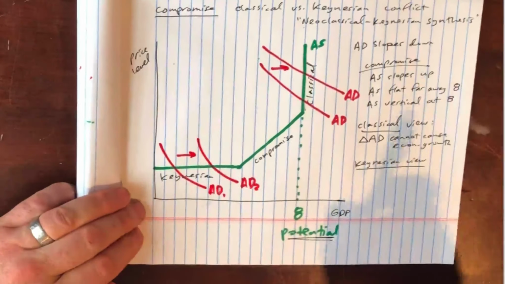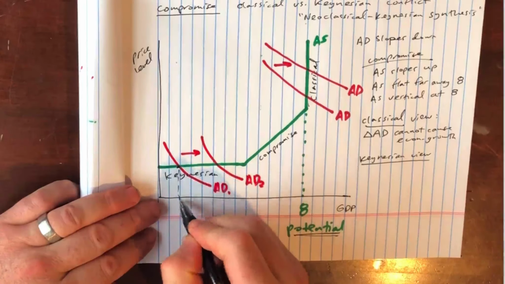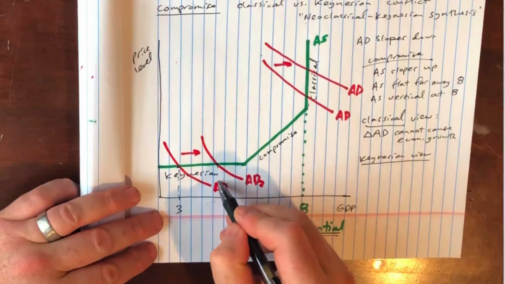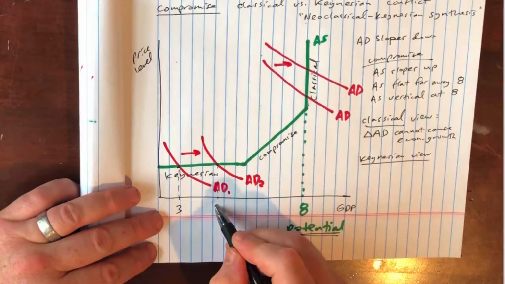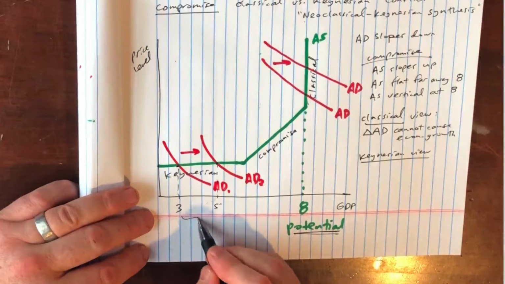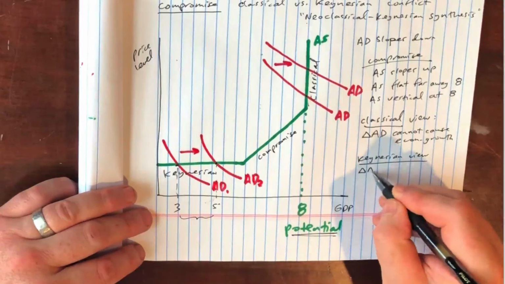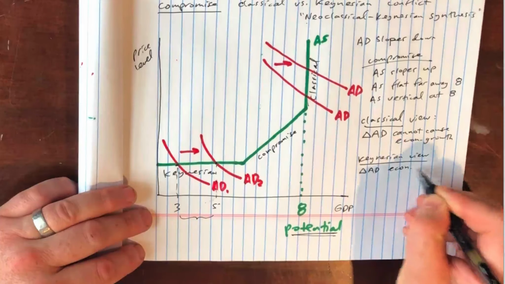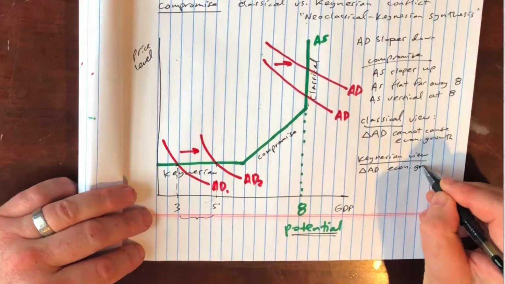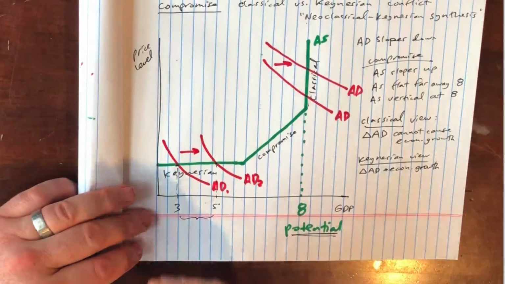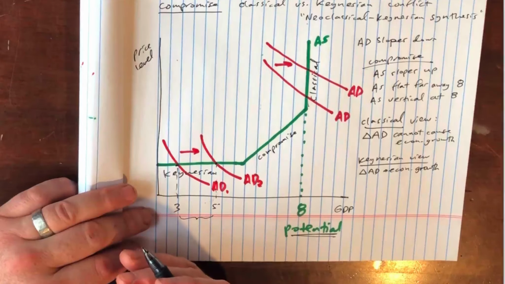Absolutely it does, because we move from a position where, let's say, we're at 3 to a much better position, right? That is economic growth. So the Keynesian view is that changes in aggregate demand lead to economic growth or contraction if it's a decrease in aggregate demand, all right?